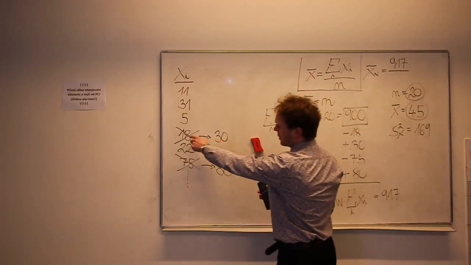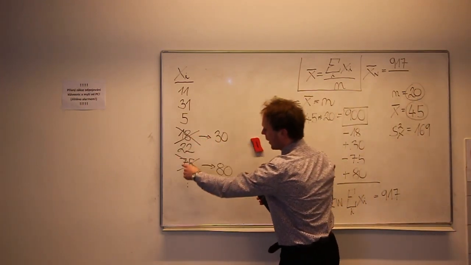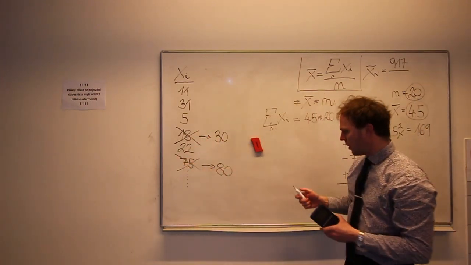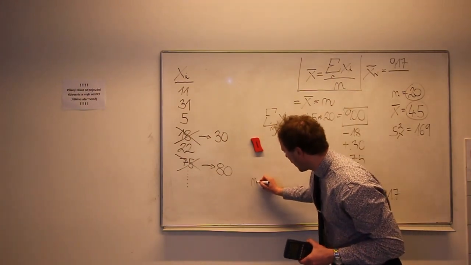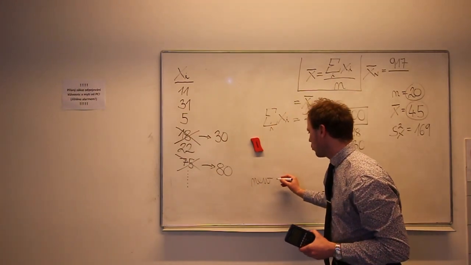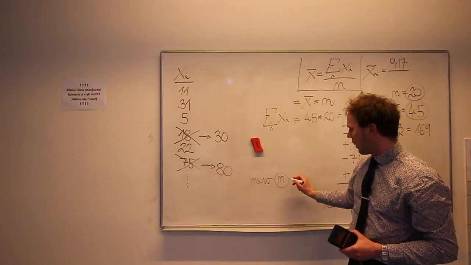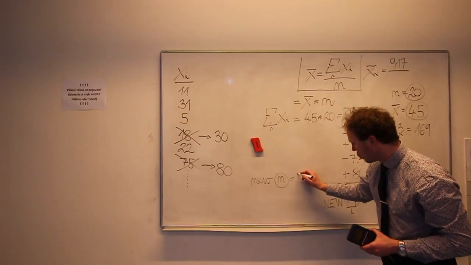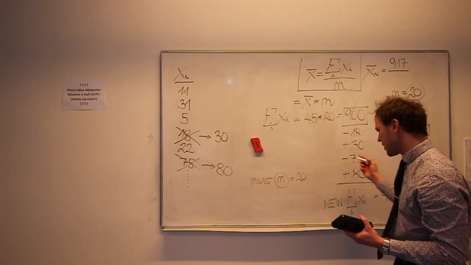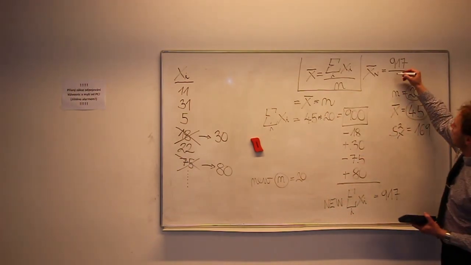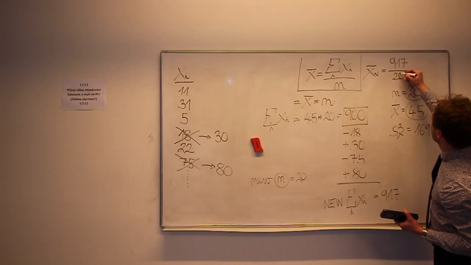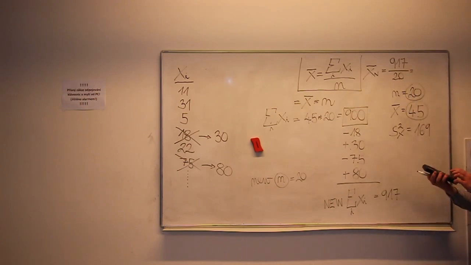I replaced this number by this number and this number by this number. The new sample size n is still equal to 20, yes? Okay, so divided by 20, and there will be the new mean.